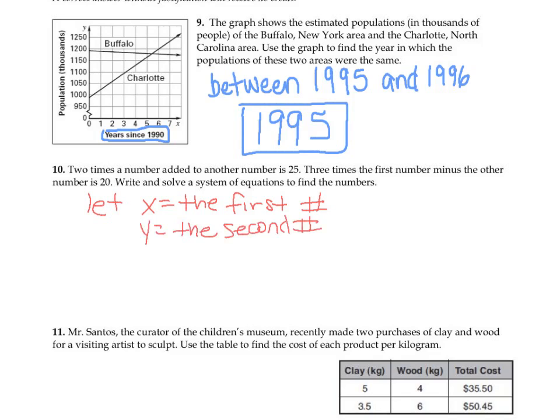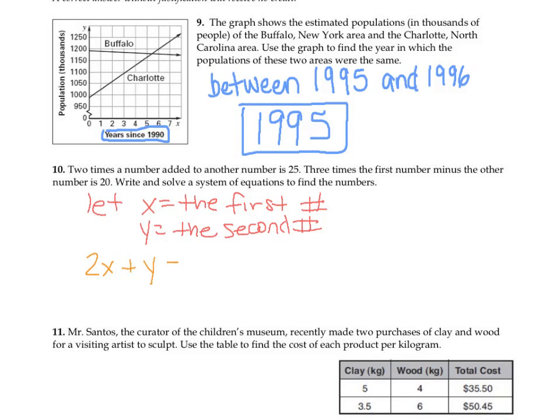Then once we write our let statement, we can go ahead and write our system. So we can use the word problem to help us do that. So the first sentence tells us 2 times a number added to another number is 25. So 2 times a number, so we can write 2x, because that'd be 2 times one of the numbers, which is x, added, so plus, to another number, so the other number is y, is 25.